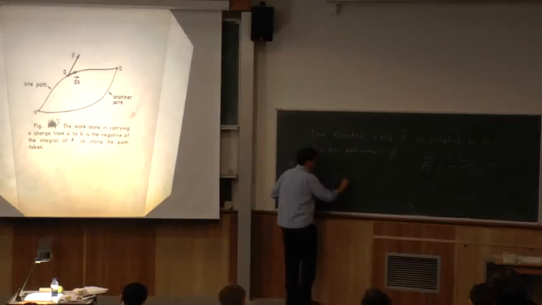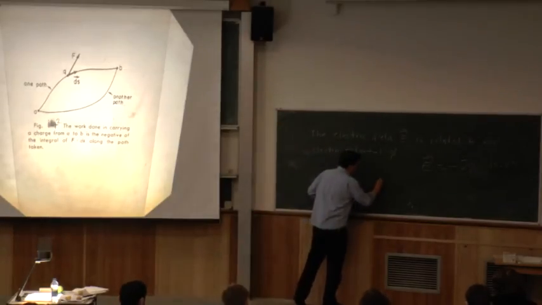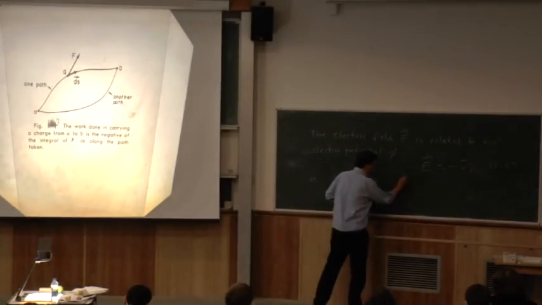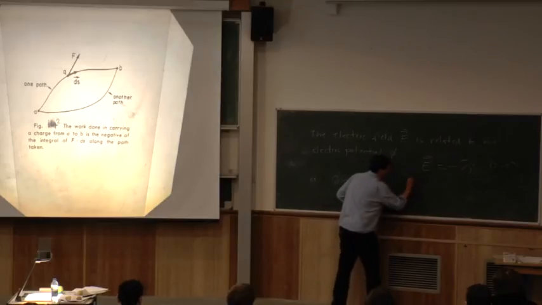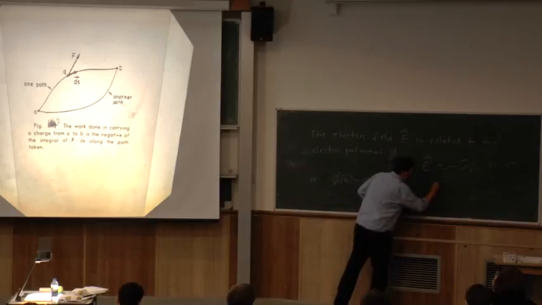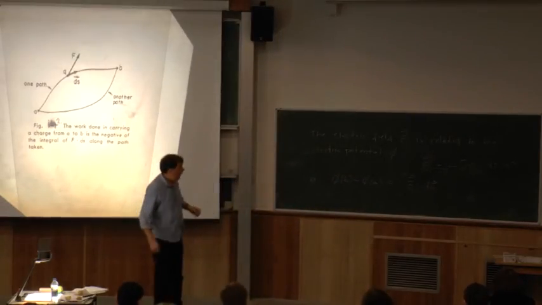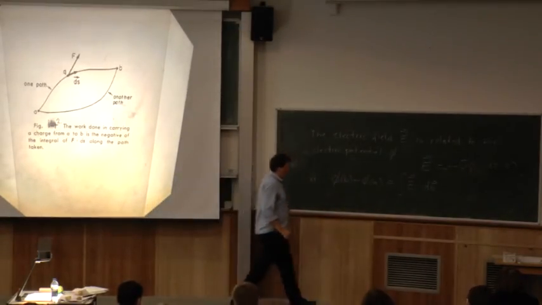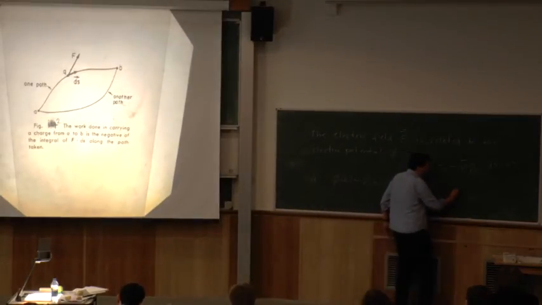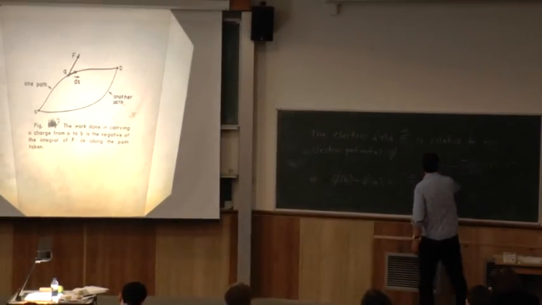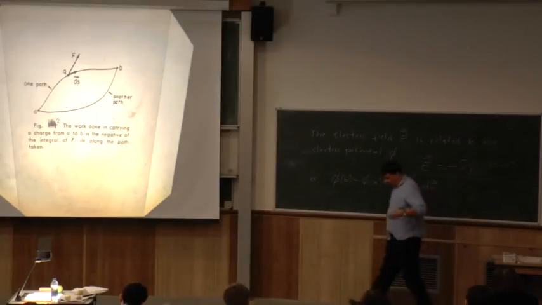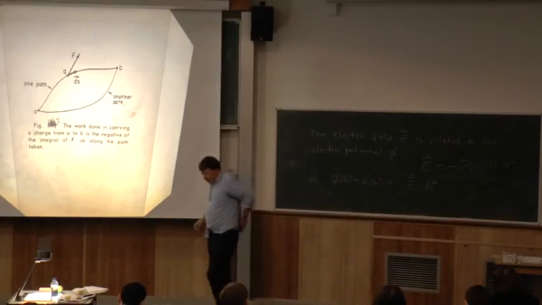Phi at B minus phi at A is equal to the line integral of E dot dS. So these are, again, equations 2.5 and 2.6 that we discussed. This is probably the last time I'll mention the year 1 maths.